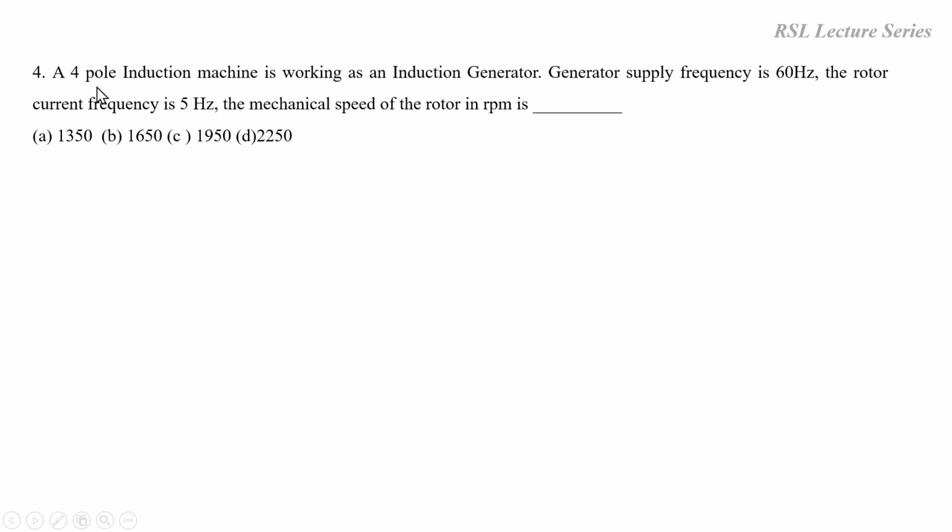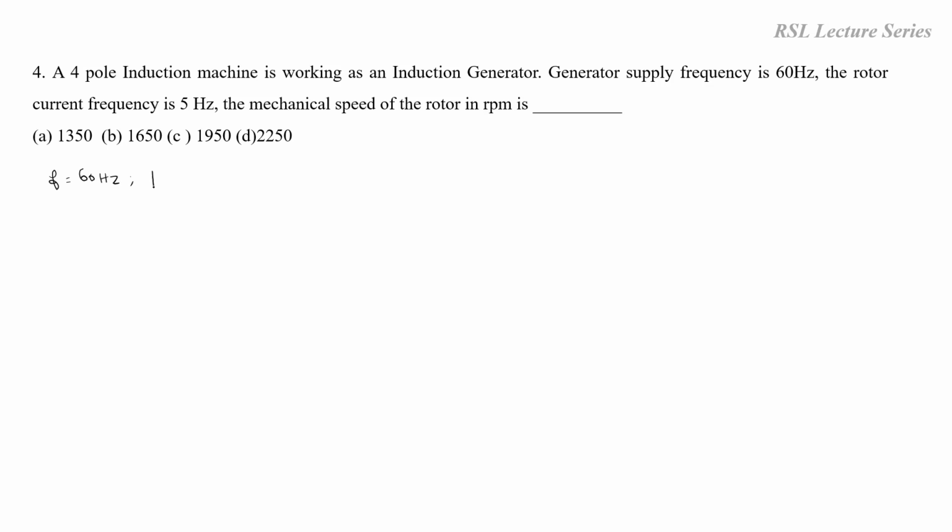Okay, so here it is an induction generator. Whenever the induction machine acts as an induction generator, the slip will be negative. So first we'll write down the given data. The supply frequency, that is the frequency of the generator, is 60 Hertz.